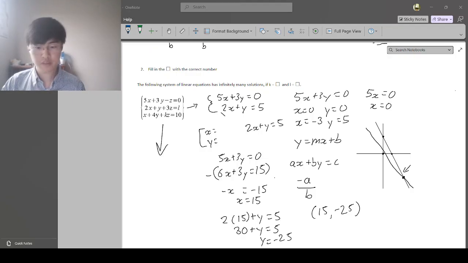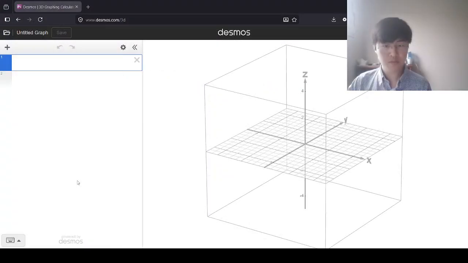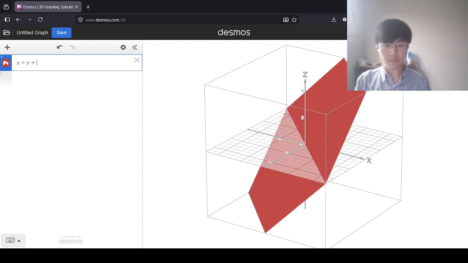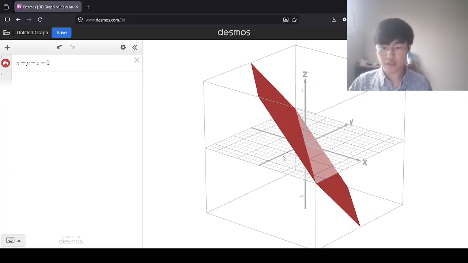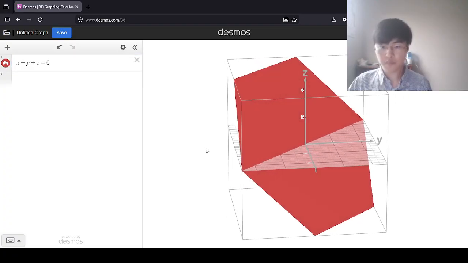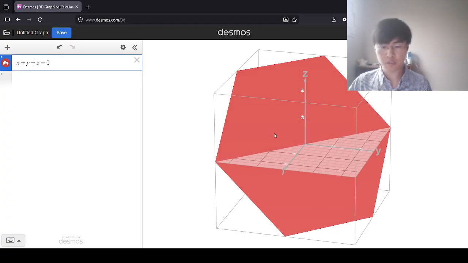Okay. So looking at this, we can say, for example, x plus y plus z equals 0. And if we look here, what this means is it's kind of like a plane.